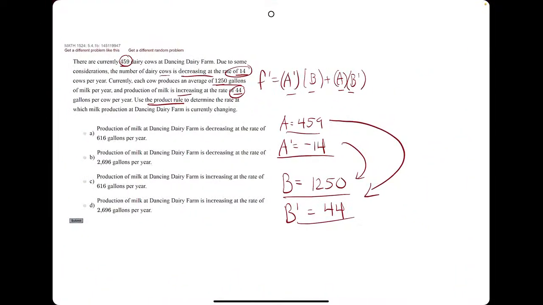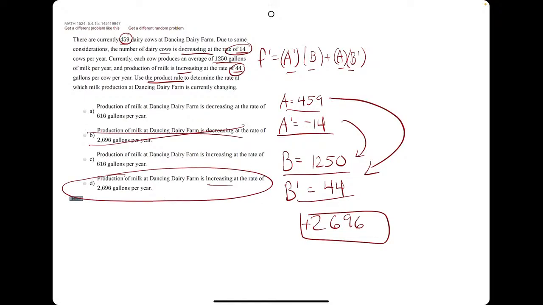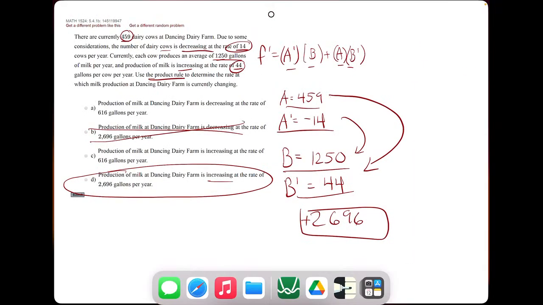Did I do that right? Yeah. So 2696 increasing because it is a positive. So not the decreasing version because it's not negative. So D would be our answer in this one.